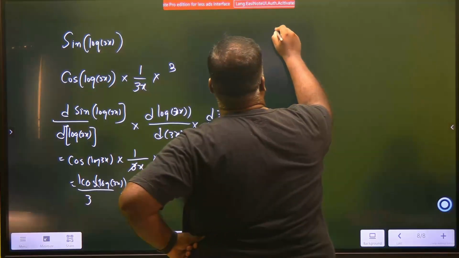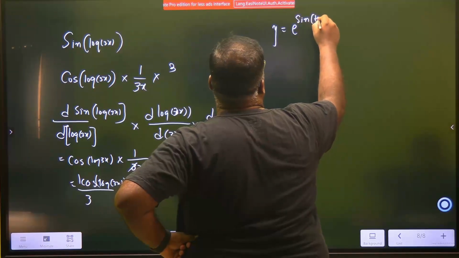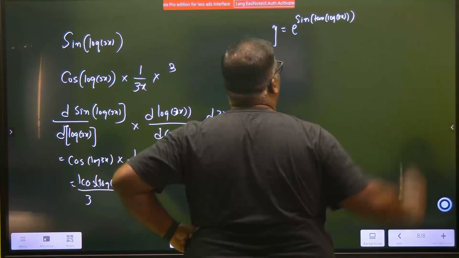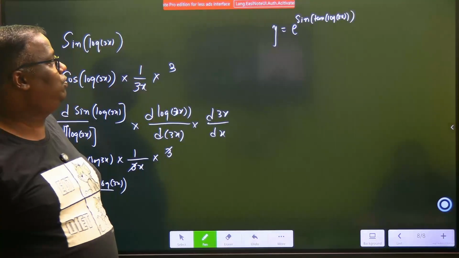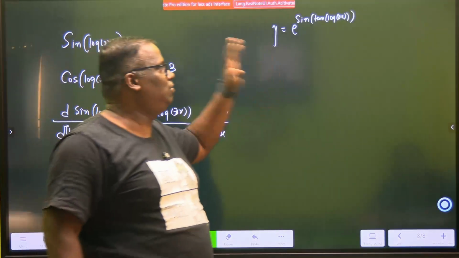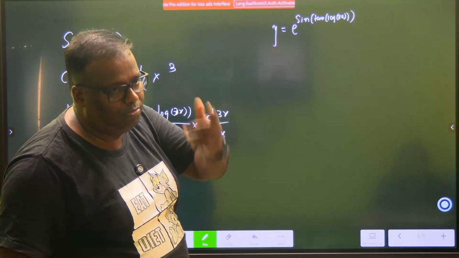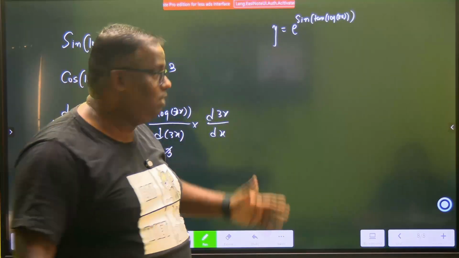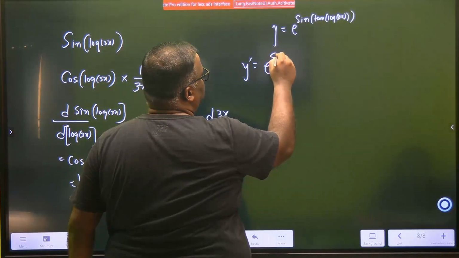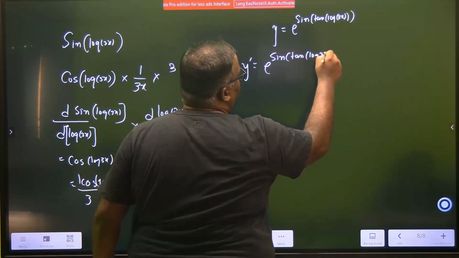Let's solve this. E to the power sine of tan of log 2x. I will not do chain reaction. I'll solve it in one go. What is the parent function? Exponential function. What is the derivative of an exponential function? Formula. It is the function itself. So I write y prime is e to the power sine of tan of log 3x.